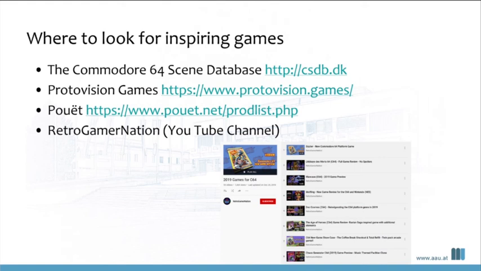So this is also an example how people even today can make commercial games and sell commercial games for the Commodore C64. The website Pue provides not only productions for the Commodore 64 or for Commodore computers, but for different kind of retro computers. So this is probably a very good point to go to in order to see results for different systems.